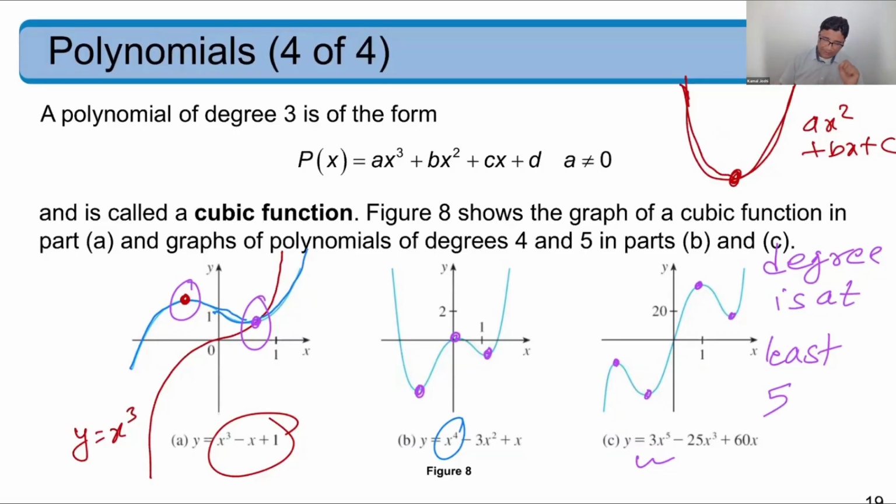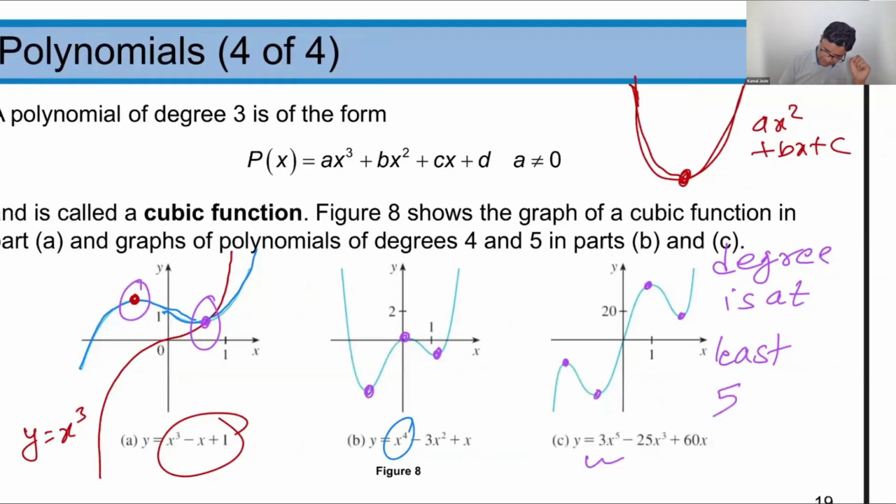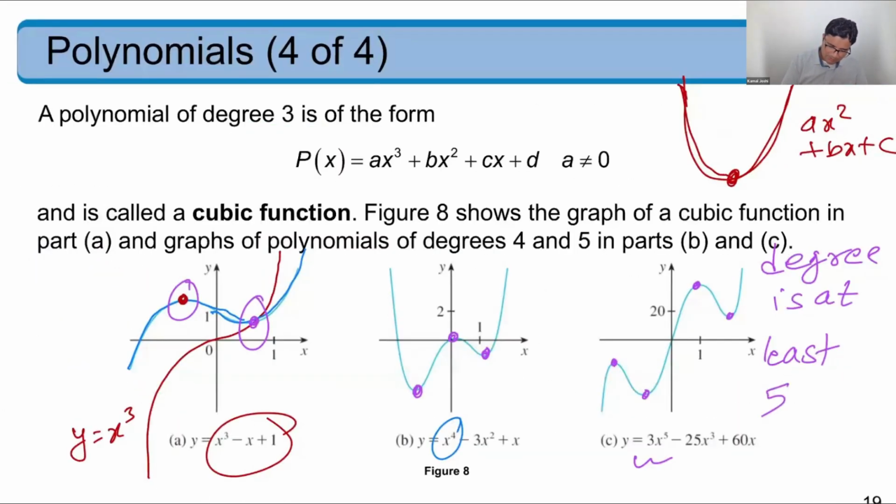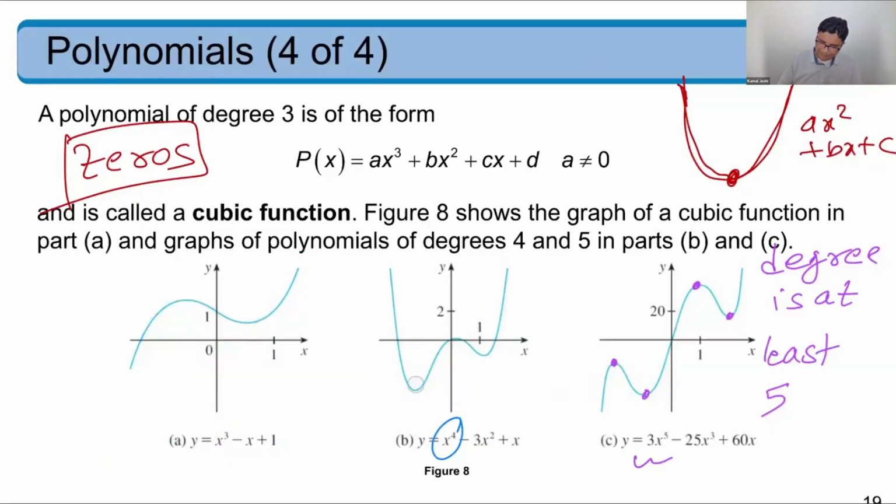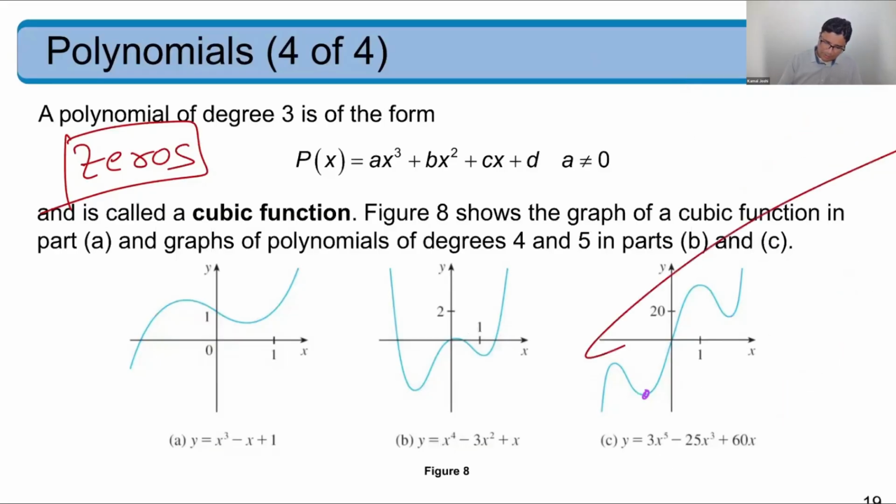And then another concept I want to discuss here before we move on is the concept of zeros. If you look at the leftmost diagram, I'm going to now erase the previous work, so I can talk about zeros. If you look at the diagram on the left, it intersects the axis at only one point, right? That's the zero of that polynomial.